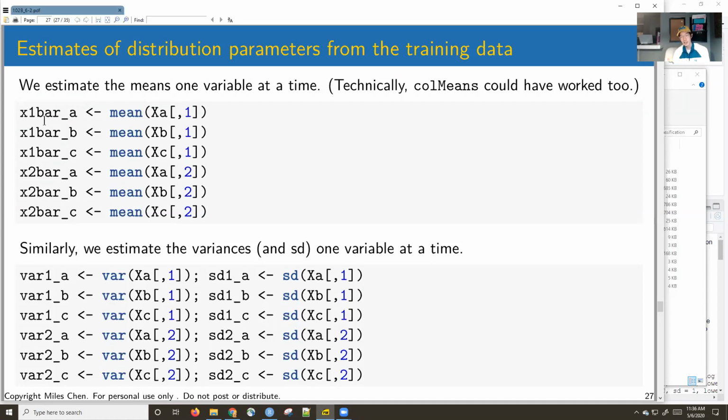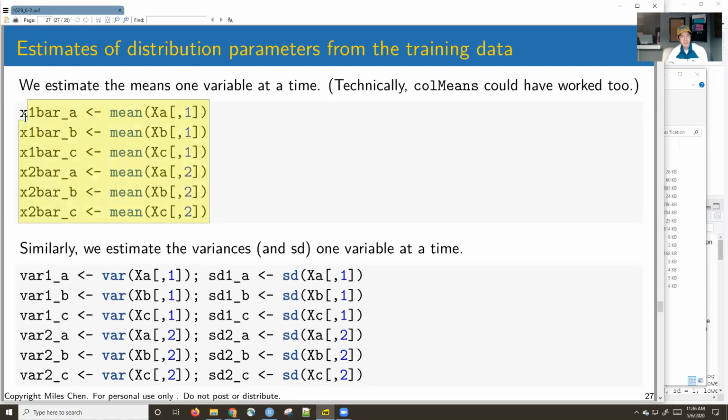And as you have more classes, you'd have more values to calculate. If I had 4 classes, then I would have 16 values to calculate. I would also need an x1 bar class D, x2 bar class D, standard deviation of variable 1 class D, and a standard deviation of variable 2 class D.